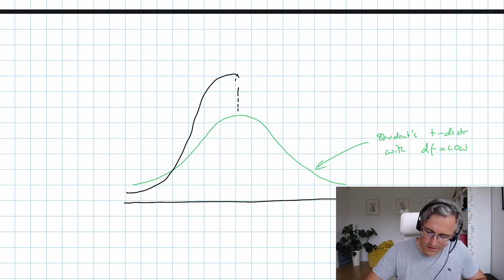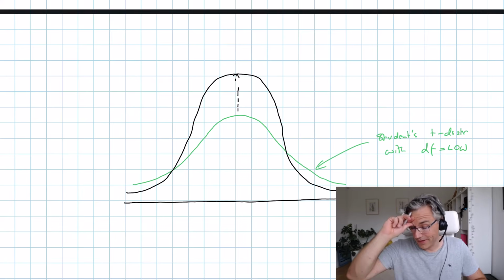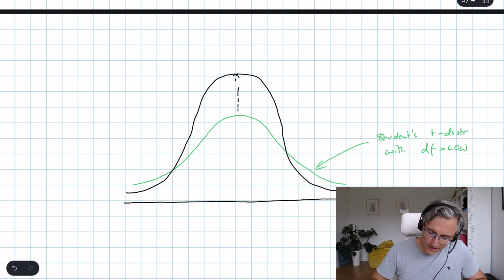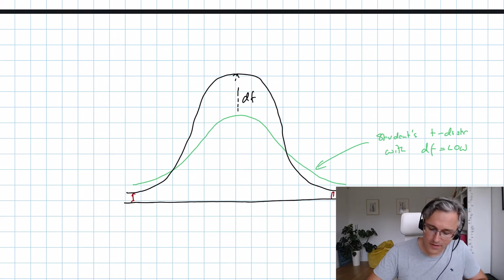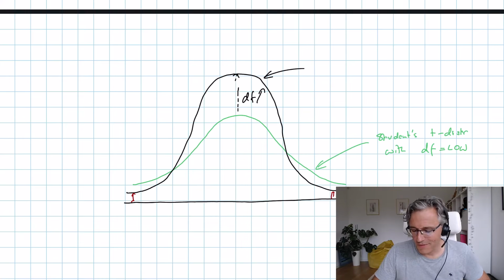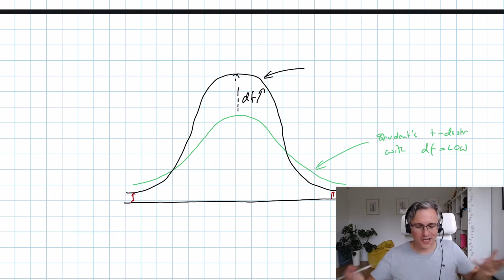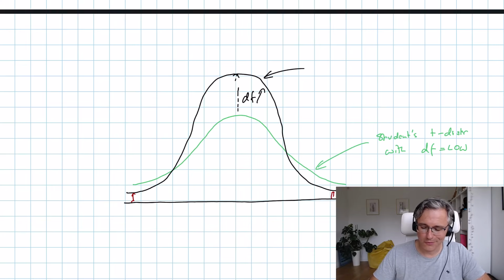So one half, another half, better. As you can see, the tails are becoming thinner over here because we are increasing the degrees of freedom. I'm not necessarily very happy with the peak of this shape, but that's to do with the fact that I had to draw it in two goes, in two halves.